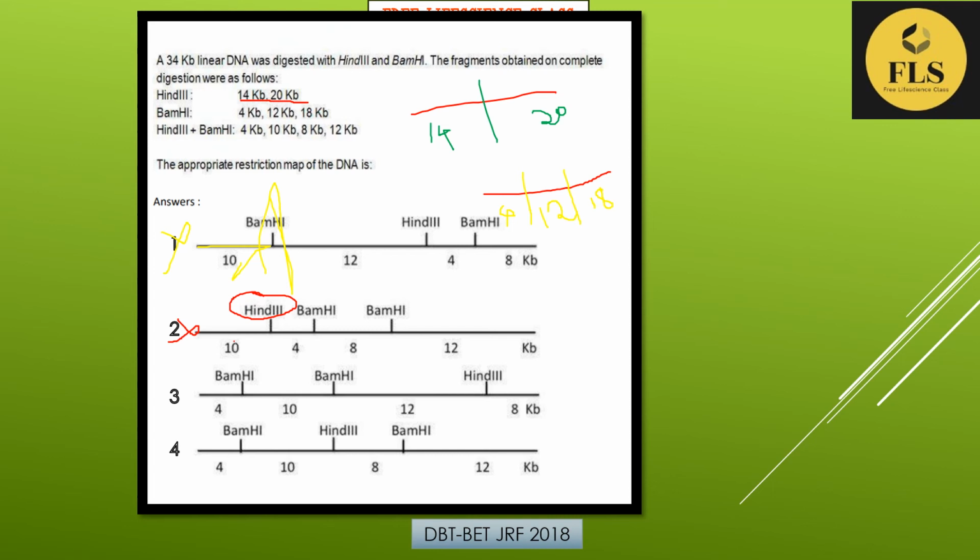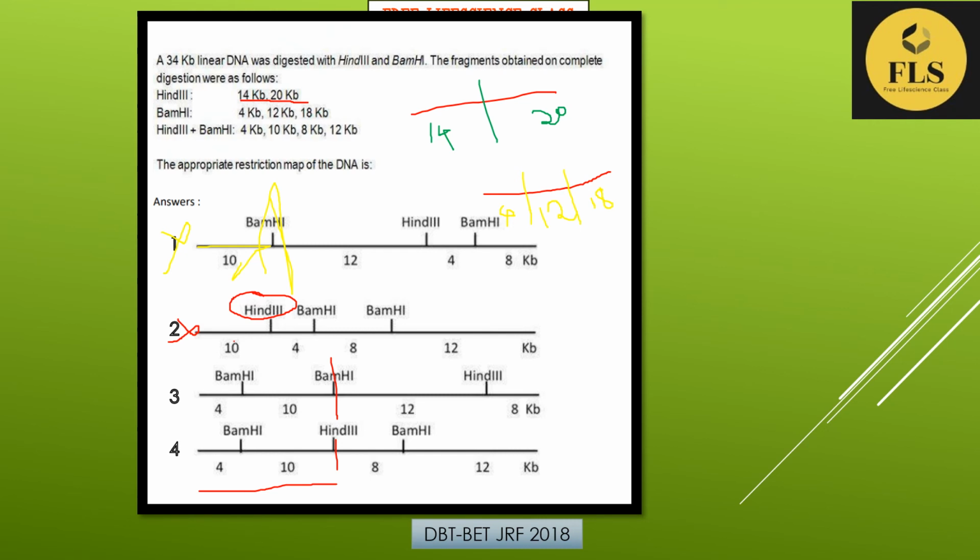Please look at the second fragment. Here BamHI is used, here HindIII is used. If you look at BamHI, is there any 14 kb fragment or any 10 kb fragment? No. But if you look at HindIII, you can see a 14 kb fragment. So this one can be the correct one.